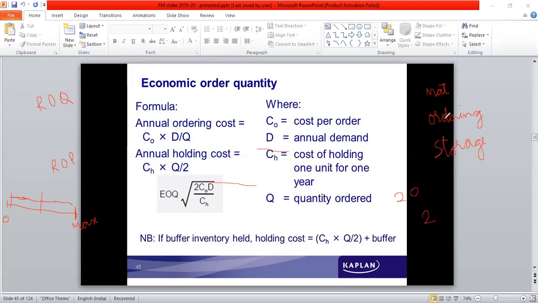If they are placing an order for 2,000 units at a time, they would be placing orders 10 different times. So ordering cost will increase 10 times.